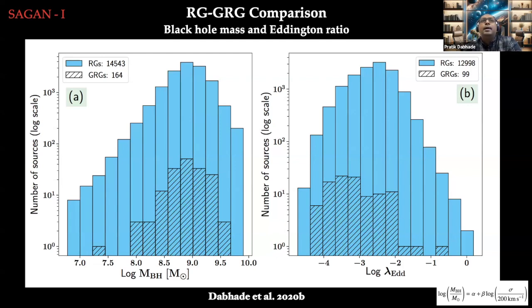For normal-sized radio galaxies, the population is quite largely known because they are not that rare compared to giants, so you can see the difference in the stats. But on a statistical level, the properties seem to be very similar. The statistical distributions seem very similar in terms of black hole mass and the accretion rate for radio galaxies and the giant radio galaxies.